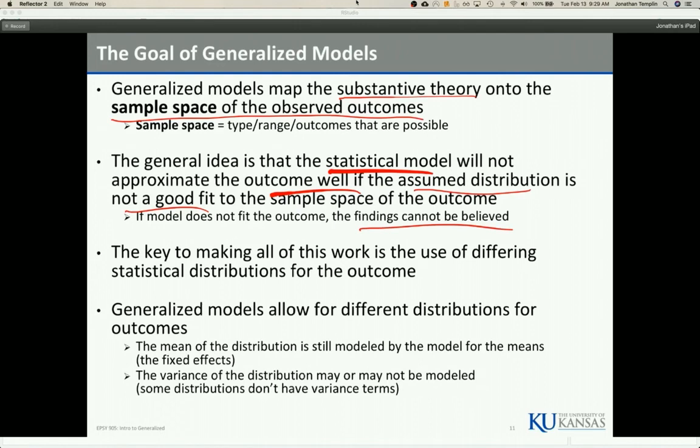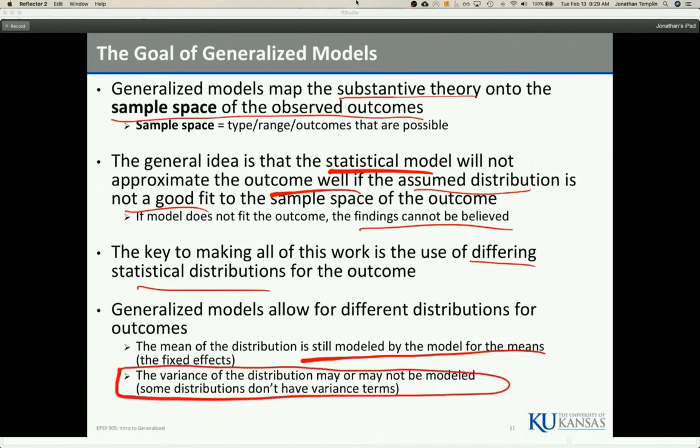So the key to making all this work is the use of these differing statistical distributions. And literally anything is possible. If you can dream up a statistical distribution, you can use it. So generalized models allow for different distributions to be used. The mean of the distribution is still modeled by the model for the means. And now, depending on the type of outcome you have, the variance of the distribution starts to get a little weird.